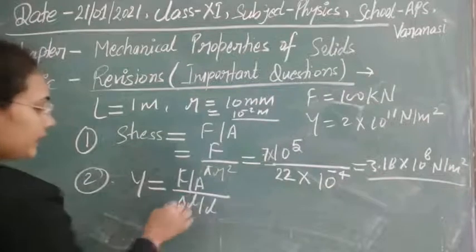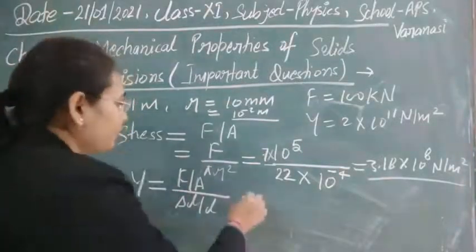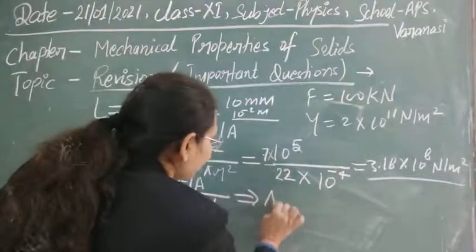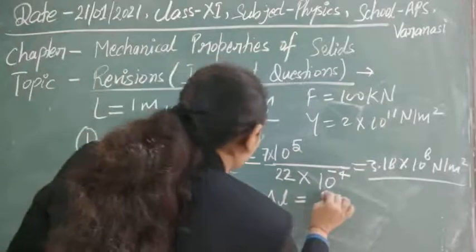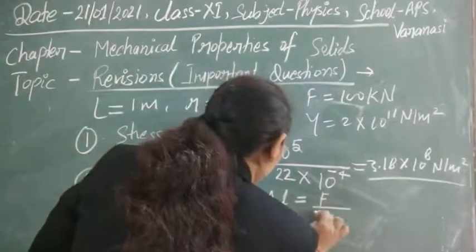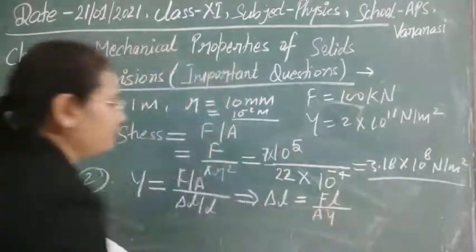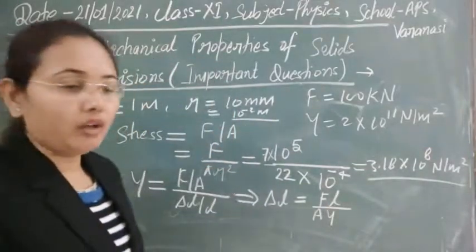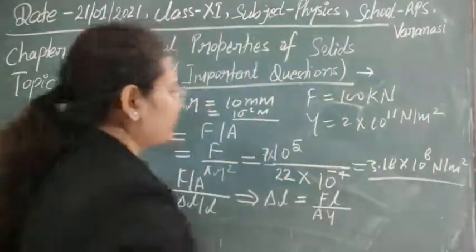This change in length is the elongation produced in the system. So we have to calculate delta L here. The value of delta L will be F L upon A Y. Now we have all the values already, so we can put them in and solve.